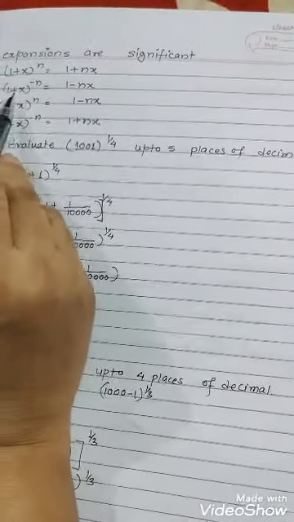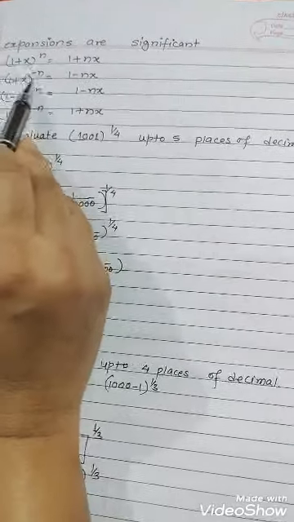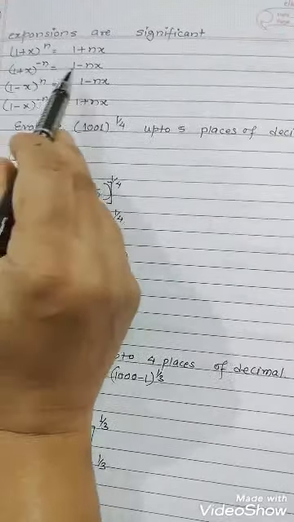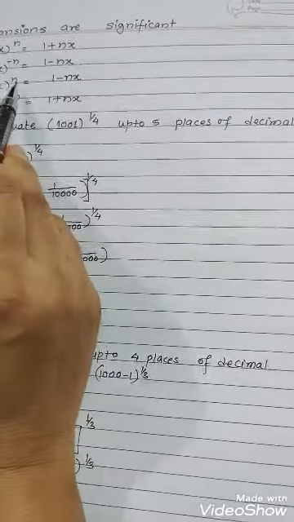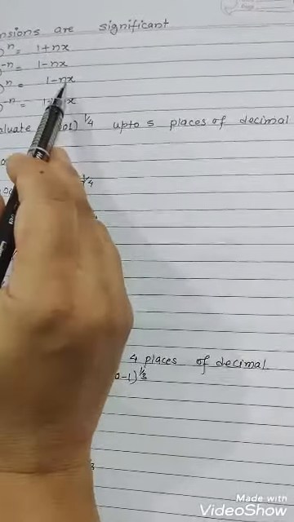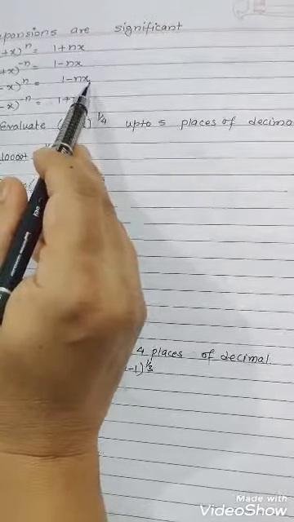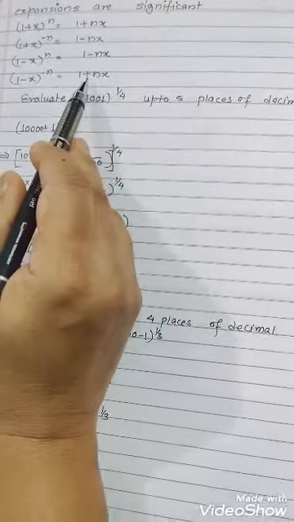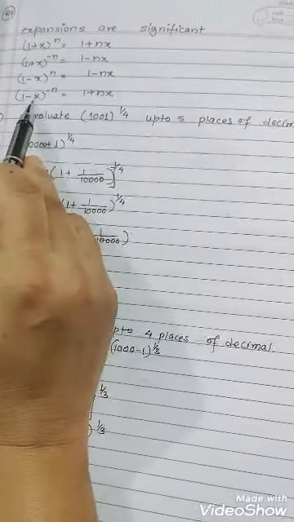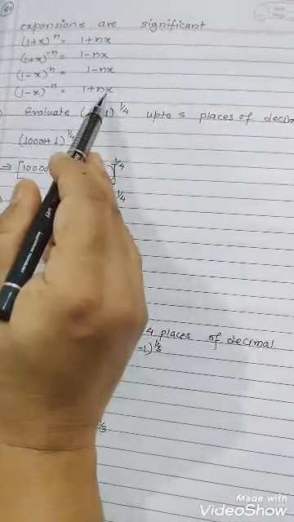Here 1 plus x to the power minus n, so this minus n will multiply with x, and it will become 1 minus nx. 1 minus x to the power n, so n will multiply with minus x, and it will become 1 minus nx. 1 minus x to the power minus n, so minus n is multiplied with minus x, so 1 plus nx here.